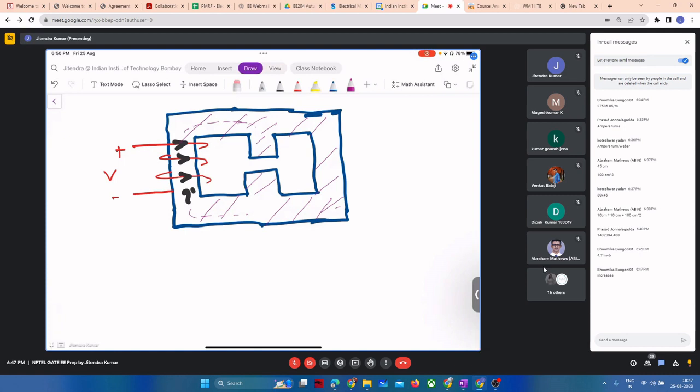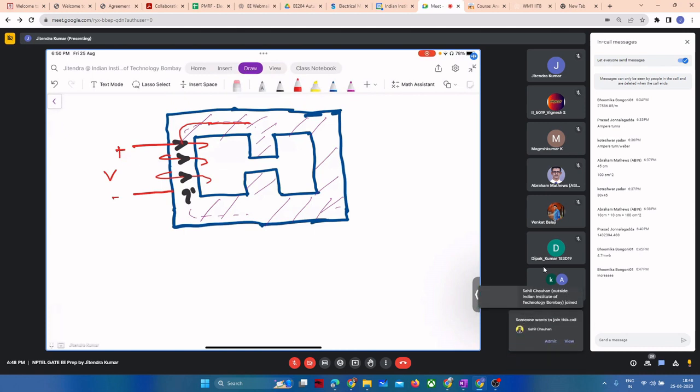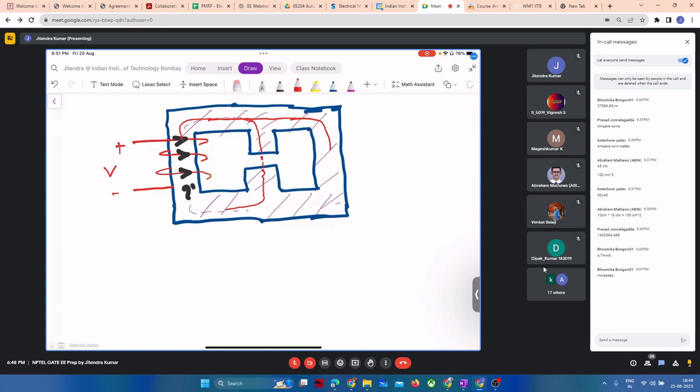Now you tell me, the flux will start to flow, and it will come here. Now it has two paths. One path is to go this way. Other path is to go this way. So it has to cross this air gap, which is generally very small, and it will complete its path both ways.